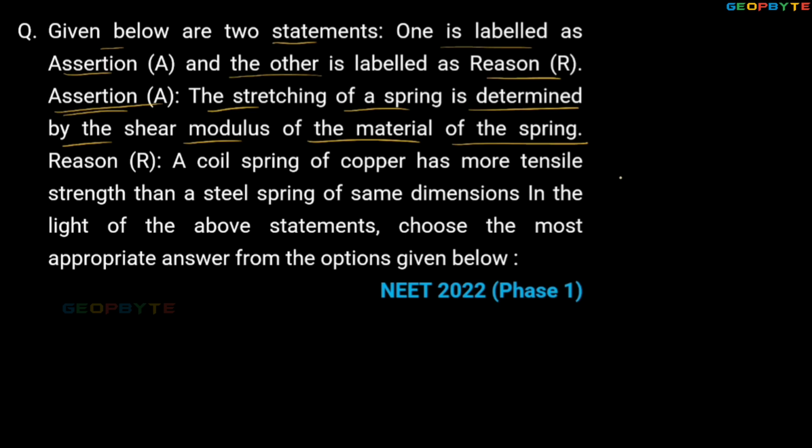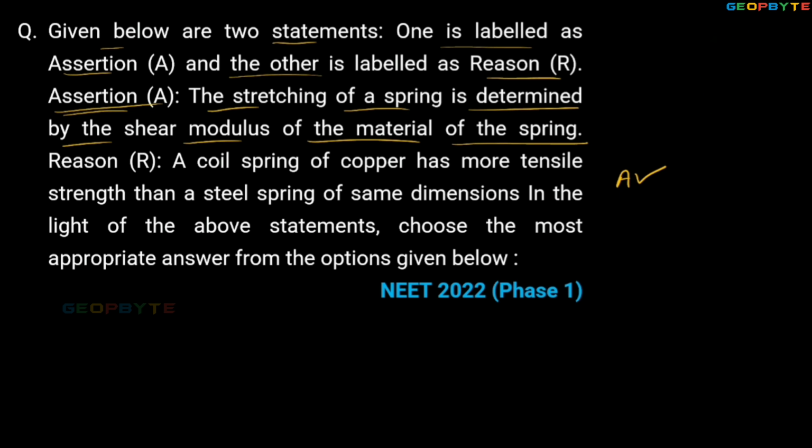Absolutely correct. The assertion statement is absolutely correct because the spring is wound like this. A wire is wound in the form of a helix. That kind of spring may be called a helical spring. When you apply force on the spring, the layers present in the spring are twisting.